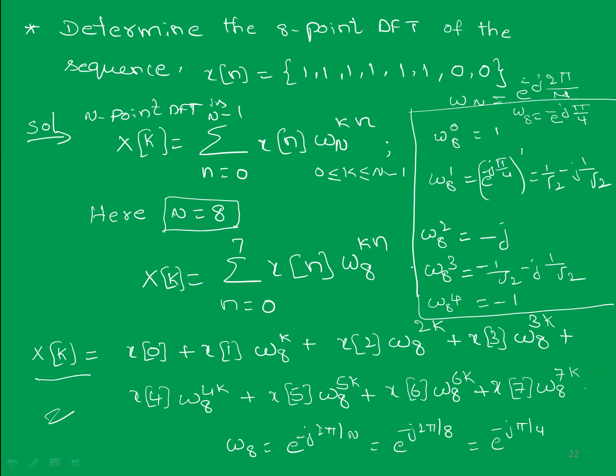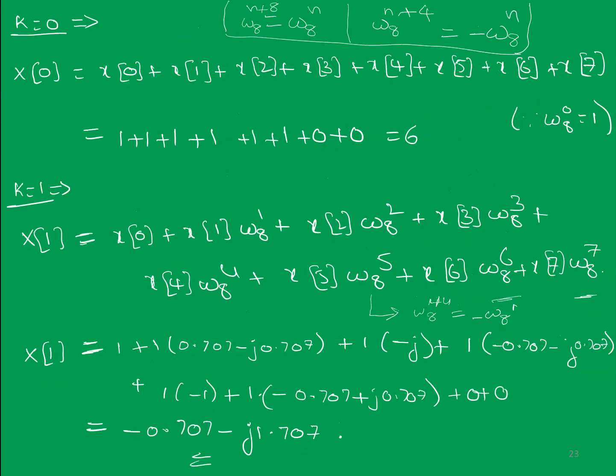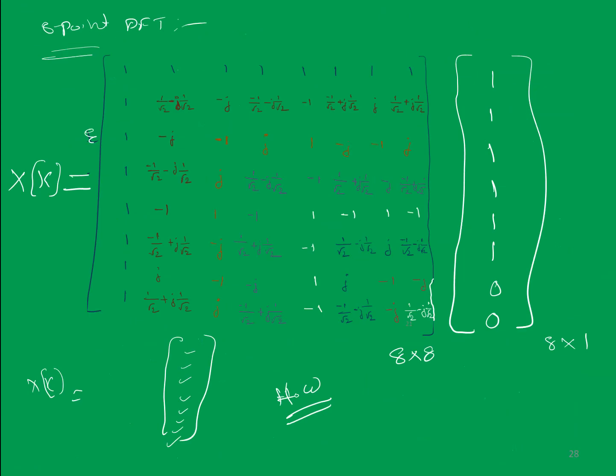After that place the kernel, do the multiplication, and you can get the answer. From the exam point of view, do problems and write the solution like this. Okay, thank you.